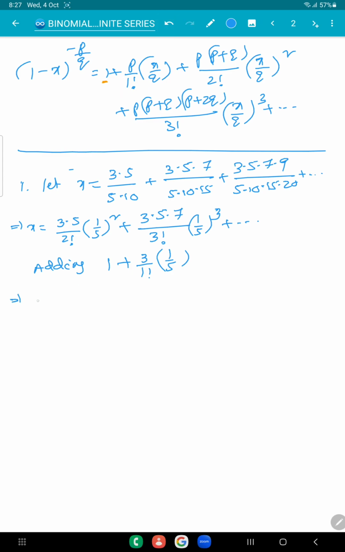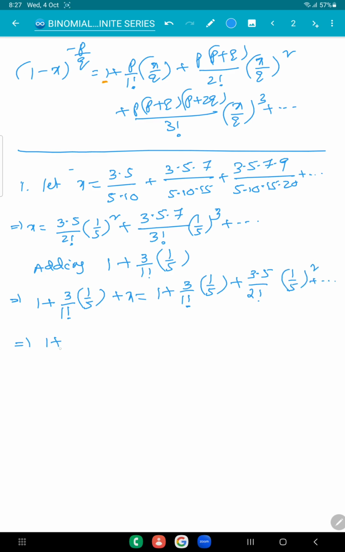So adding that, 1 plus 3 by 1 factorial into 1 by 5 plus x is equal to, on the right hand side also I am adding, 1 plus 3 by 1 factorial into 1 by 5, plus 3 into 5 by 2 factorial into (1 by 5) whole square, plus and so on.